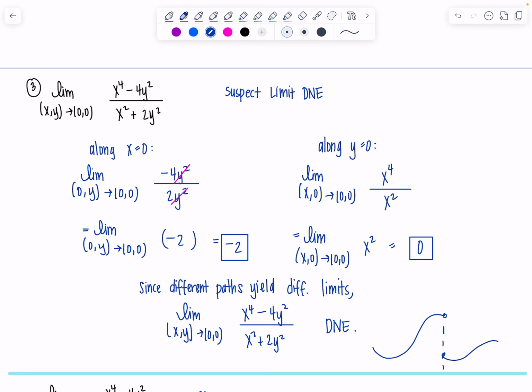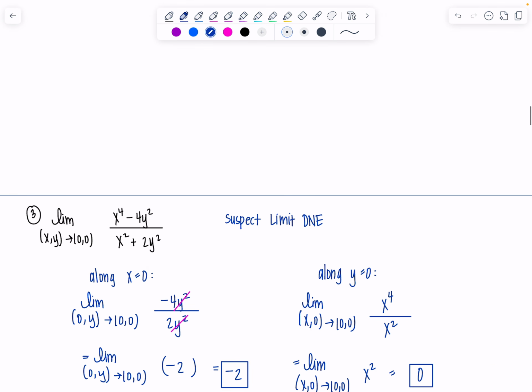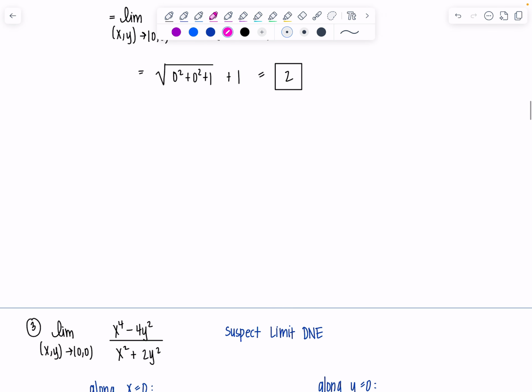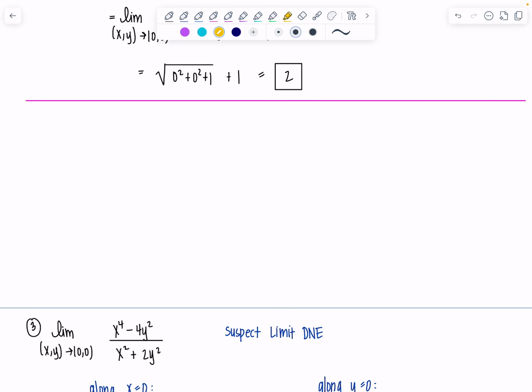So limit (x,y) goes to (0,0) of x to the 4th minus 4y squared over x squared plus 2y squared. I'm just going to squish it in right here. I just was thinking you could go polar and get the same result. So let's do instead limit r goes to 0 from the right.